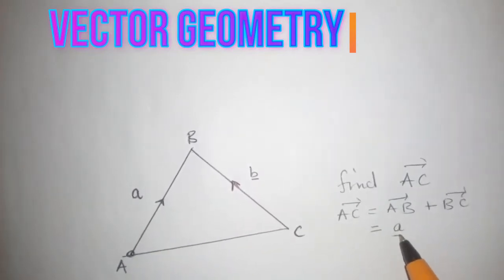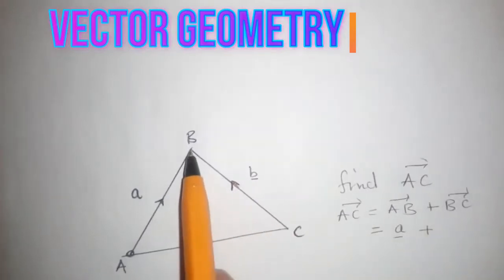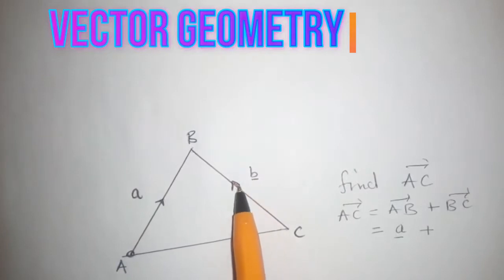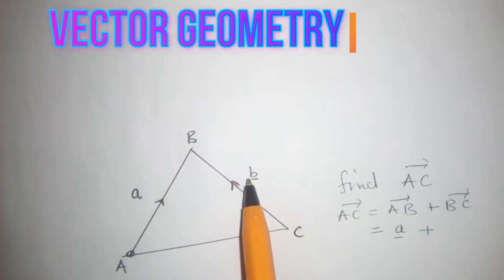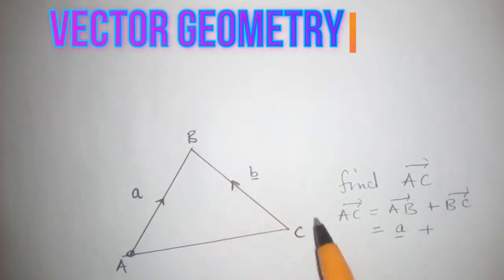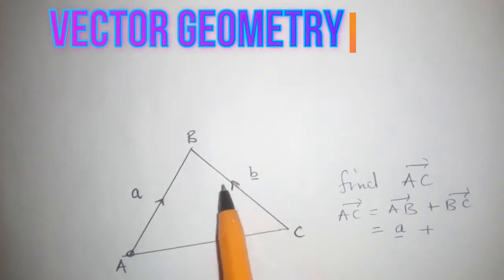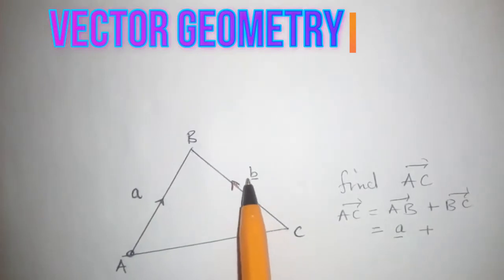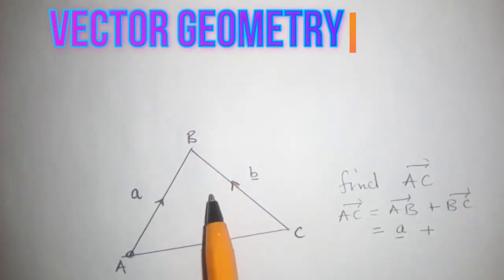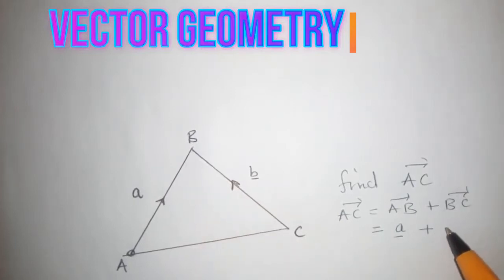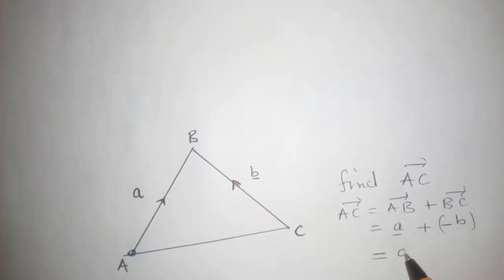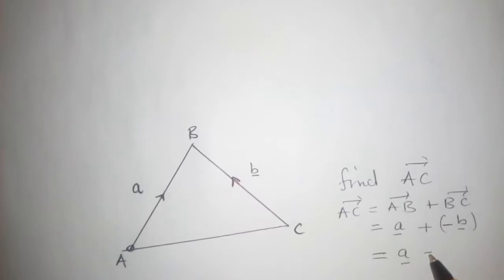AB is vector A. Plus what is our BC? If you check nicely here, what letter is here? It's B. And where is the sign pointing? The sign is pointing upwards from where the vector is coming from. So this is BC, but the vector which is here is CB. So what do you do to show that this is the opposite direction? You put a negative. So it will be negative B, of which when you clean it up, you have something like this. So this is our answer.